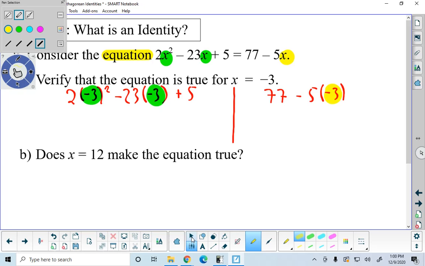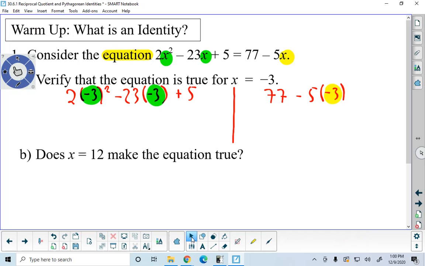So I would like everybody to do me a favor, please, and calculate what you get for the left-hand side, which is 2 times negative 3 quantity squared. If you're going to use your calculator, you're going to have to put the negative 3 in brackets, which I would always recommend for substitution, and then minus 23 times negative 3, and then plus 5.